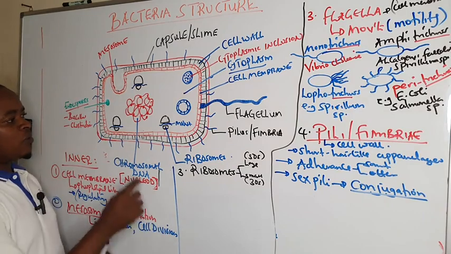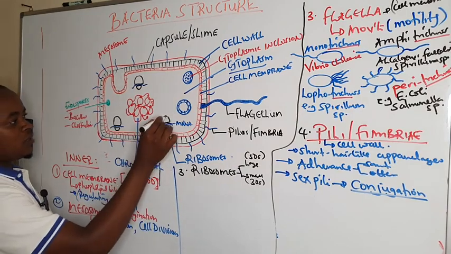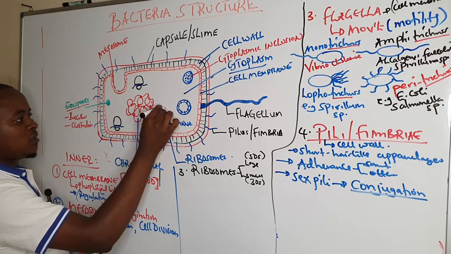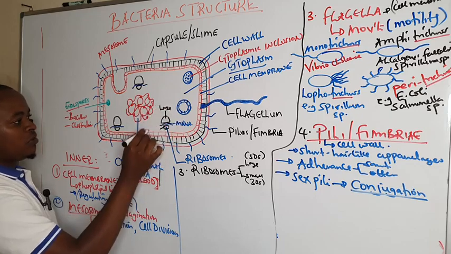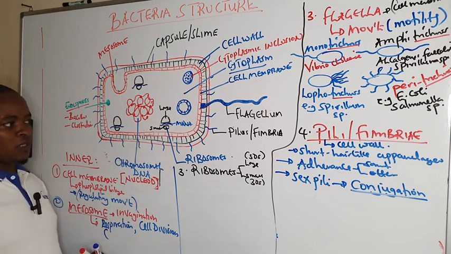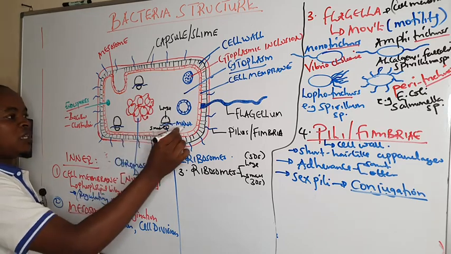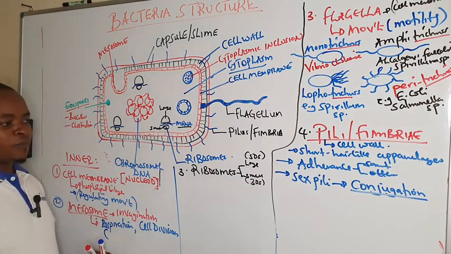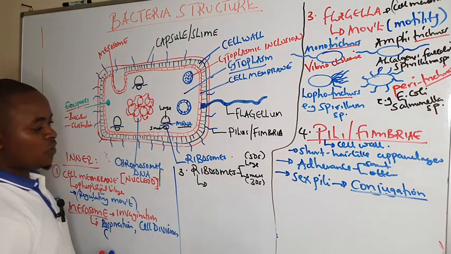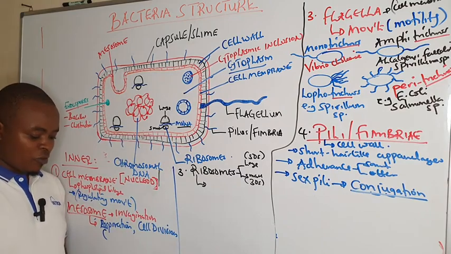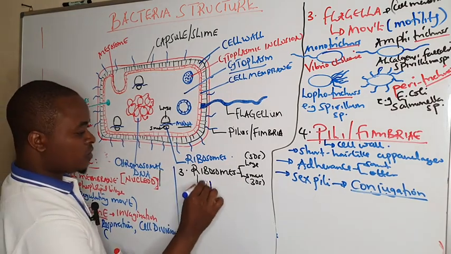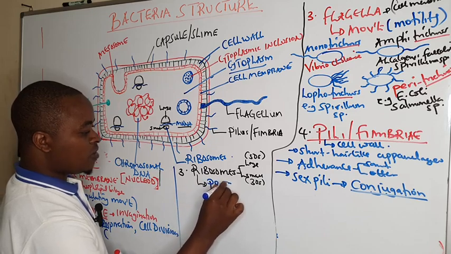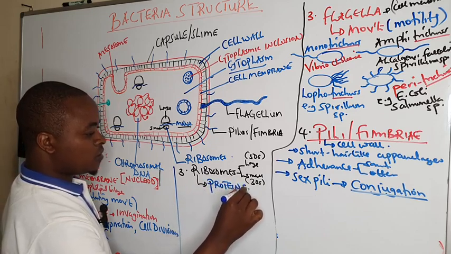This is the large, then this is the small subunit. Within the ribosome, it interacts with the messenger RNA, and this place acts as the machinery for protein synthesis.